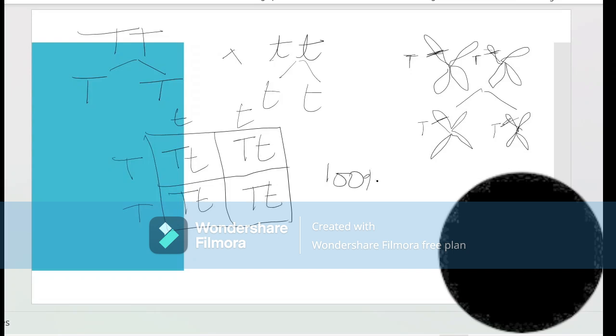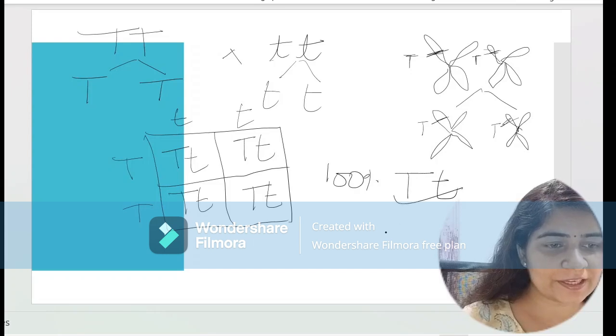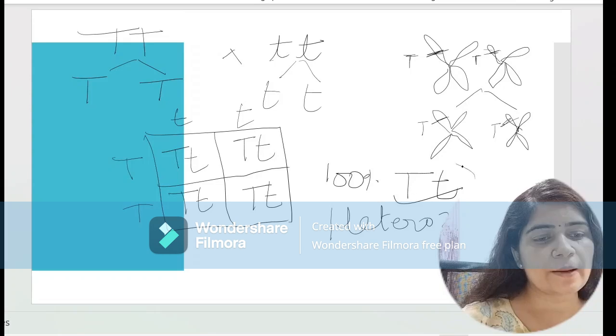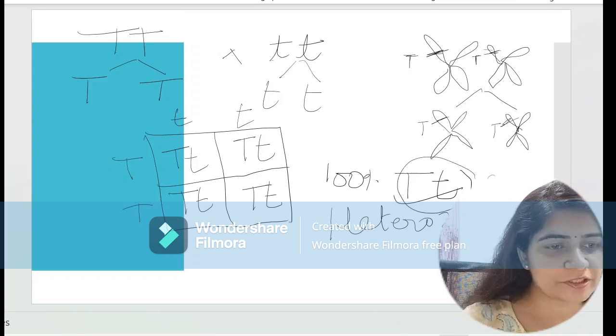That means the F1 generation which is formed here. The initial one was the parental generation, capital T, small t. But the F1 generation which is formed here will all be heterozygous. As you can see, one capital T and one small t, which means they are heterozygous, and their phenotype will be tall. They will always be tall, 100% tall.